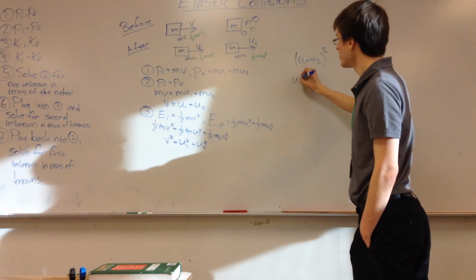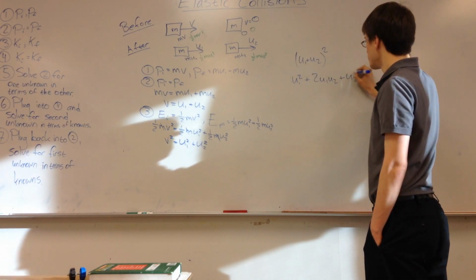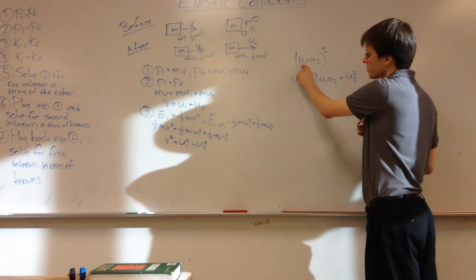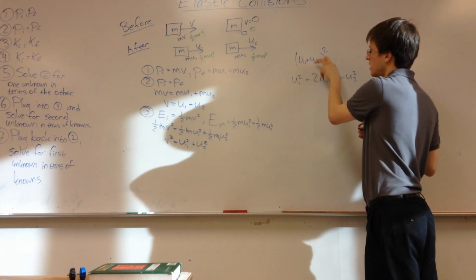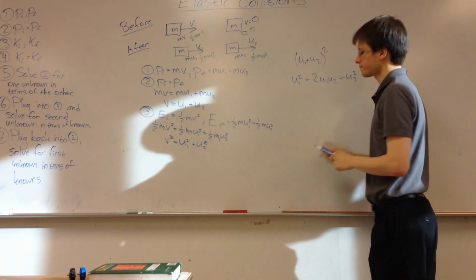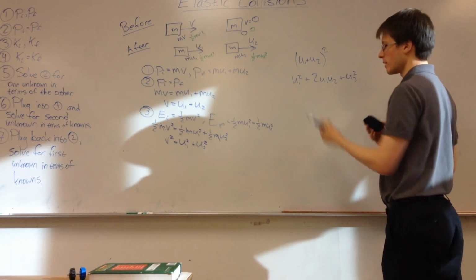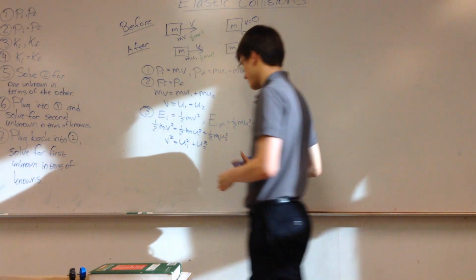Then we're going to have u1 squared plus 2 u1 u2 plus u2 squared. That's because you FOIL: multiply the first terms, the inside terms, outside terms, then the last terms. So you get this kind of interference term in the middle. So they're not the same necessarily. They're not just the multiple of the other one.